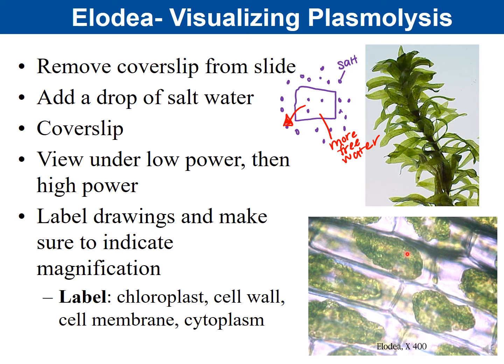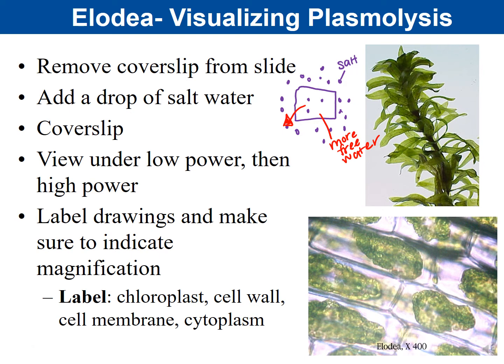So as the water comes out of the cell, the cell membrane is going to collapse in. And so your lab has a question about what structure you can see as a result of plasmolysis. And the answer is you can see the cell membrane, because now the cell membrane separates from the cell wall.